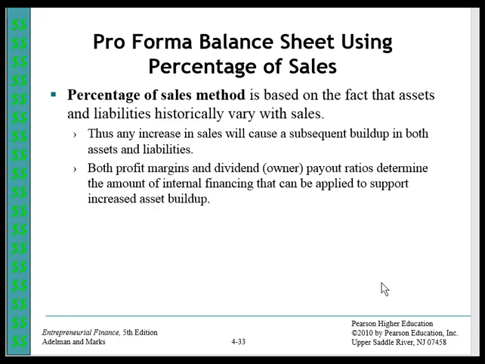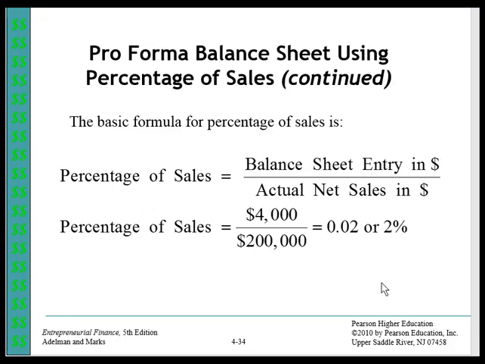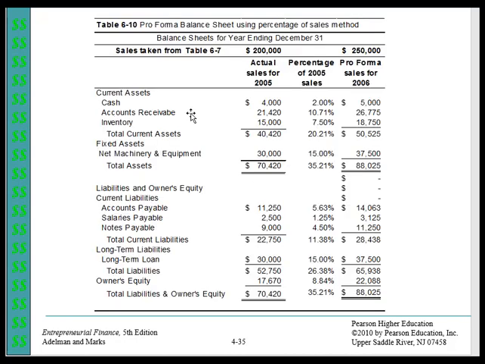So we ultimately then can say, well, wait a minute. What is the change in sales? We expect sales to go up, the percentage for sales, balance sheet entry divided by actual net sales. So 4,000 divided by 2,000 means there's a 2% change in sales. How does that affect the financial statements? Well, again, cash is related to sales. $4,000, rate that to the change in sales, it's 2%.